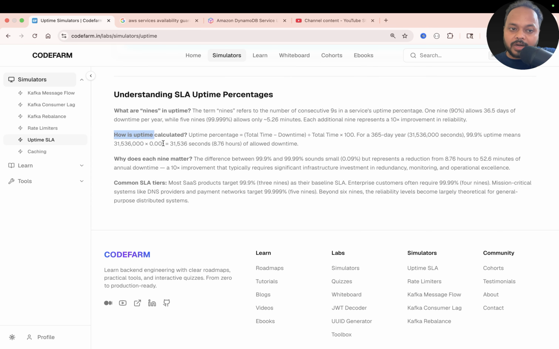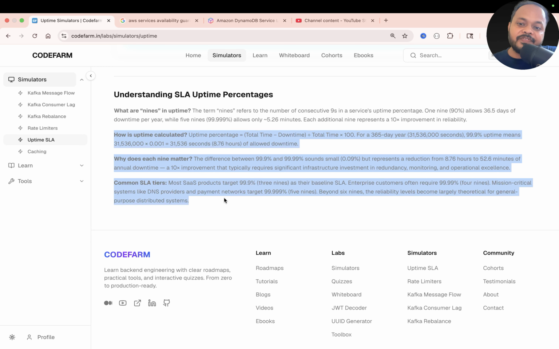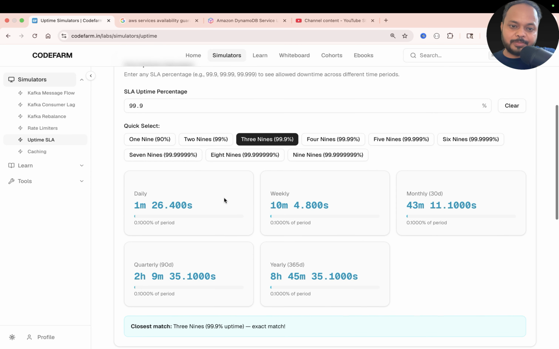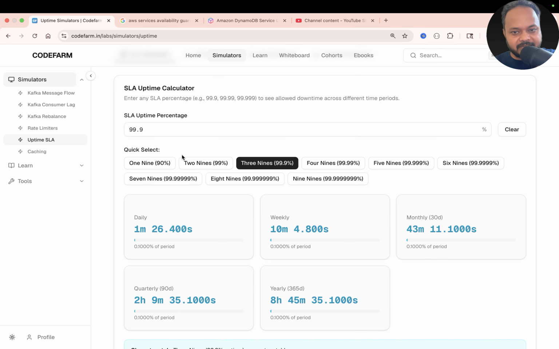So here you got the understanding around this. Now if you have a number, how do you get the actual meaning? That is what this simulator is for. If you have an SLA uptime percentage of 99.99, this is the downtime it is saying.